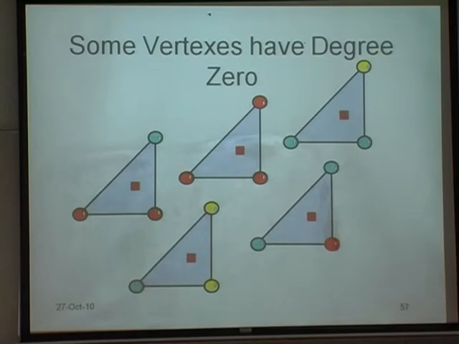Okay, so what kinds of combinations can we have? Well, lots of simplexes will have vertices of degree 0, because here there are no edges that have the restricted set red and yellow. And so each of these has even degree, because 0 is even.